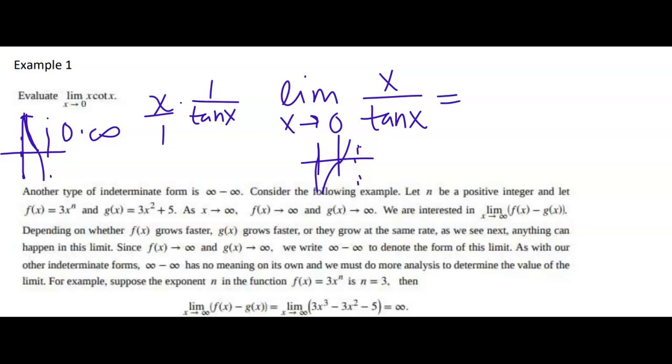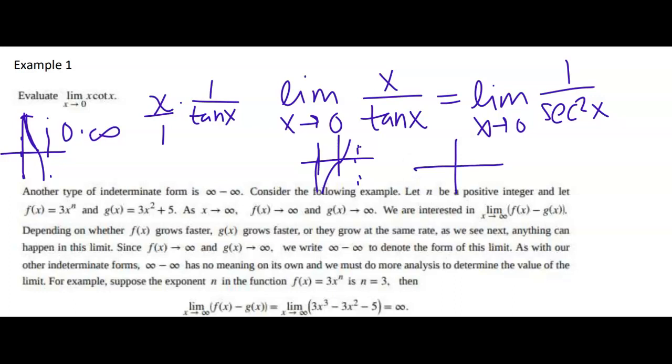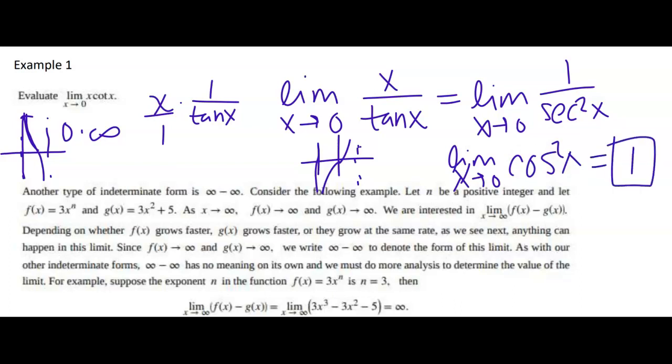So I can use L'Hopital's rule now because I have a 0 over 0 indeterminate form: derivative of the top, derivative of the bottom, secant squared. Secant squared as a graph is 1 over cosine. Oh, we could just flip this and let's just do that instead of looking at a graph of cosecant. Let's just make this the limit as x goes to 0 of cosine squared. That makes more sense. Cosine of 0 is 1. Square that, we get 1.